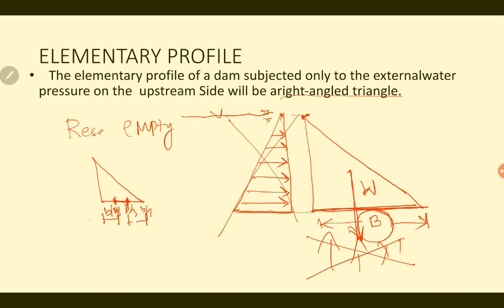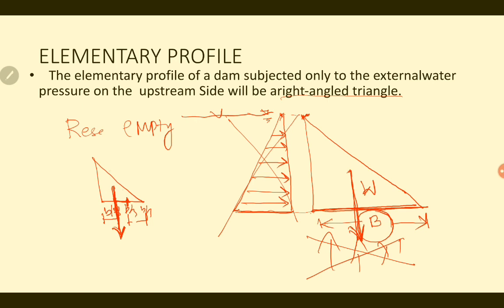In the reservoir empty condition, the only force is the self weight of the dam, and this self weight must ideally pass through the inner middle third line.